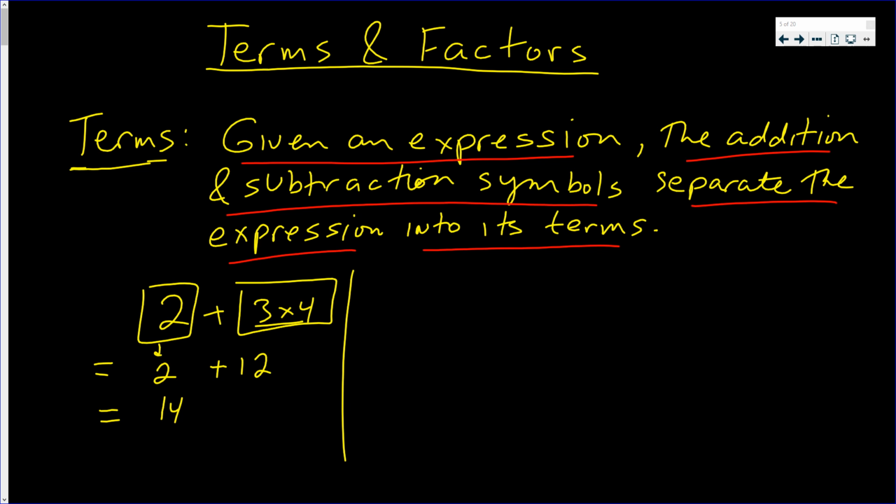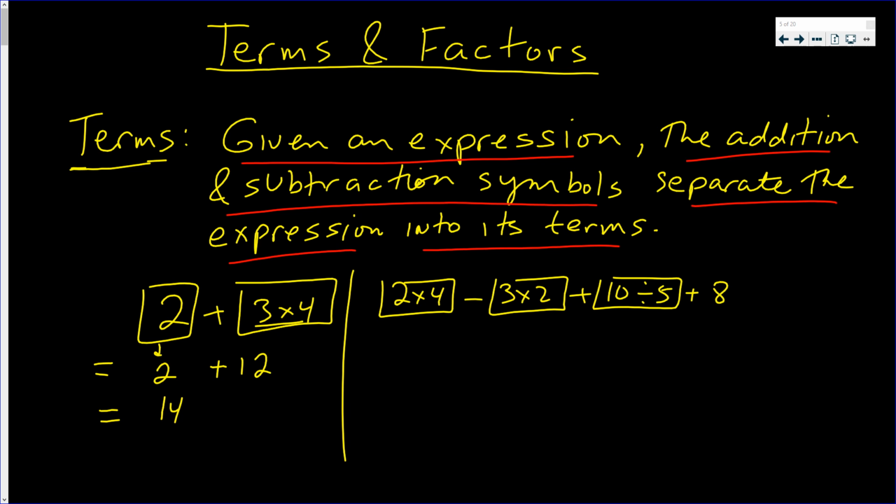Consider another problem. What if you had 2 times 4 minus 3 times 2 plus 10 divided by 5 plus 8? Identify the terms. The only thing that I'm not putting in a box are the addition and subtraction symbols.